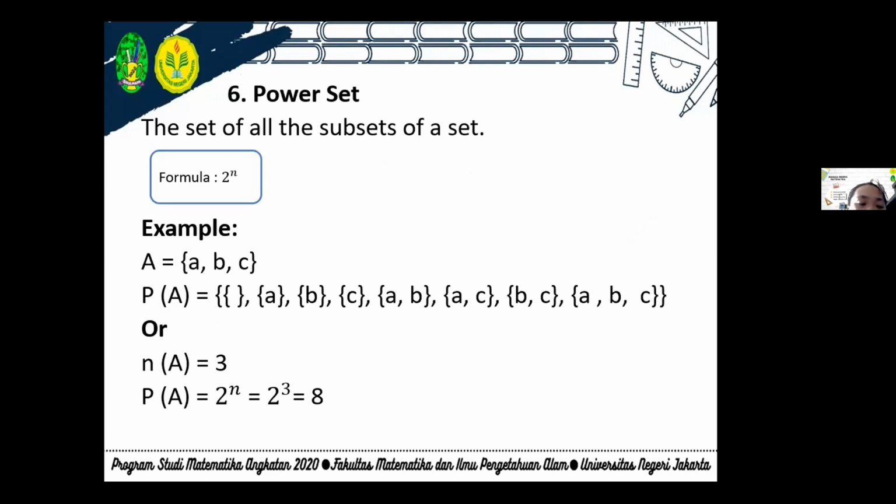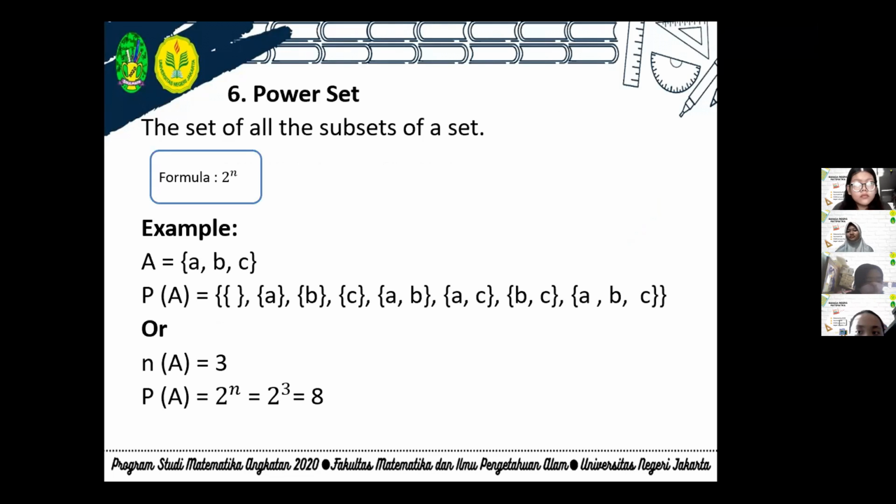And then power set. Power set is the set of all the subsets of a set, with the formula 2 to the power of n. Example, set A has the members A, B, C. So the power set of A is the empty set, A, B, C, A B, A C, B C, A B C. Or we can use the formula.